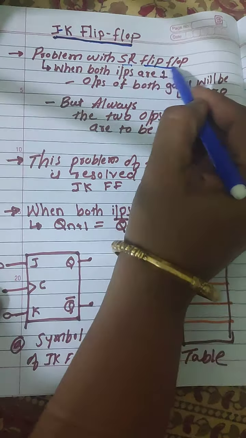Q is 1, so whatever K is applied comes at R. What is K? K applied is 0. So when both S and R are zeros, what is the value of Qn plus 1? It is the same as Qn. So we are going to get Qn in the first case.